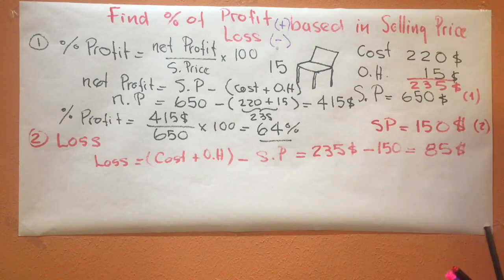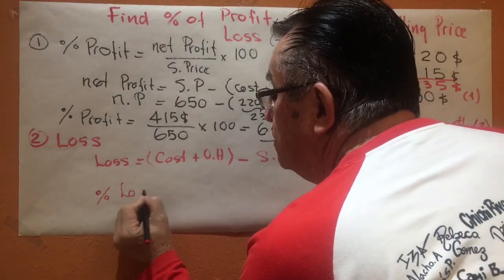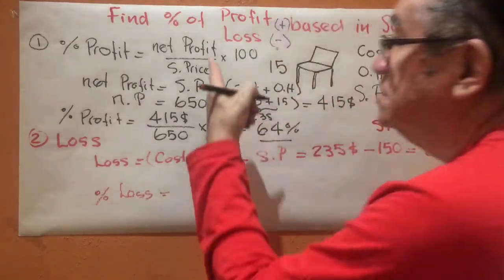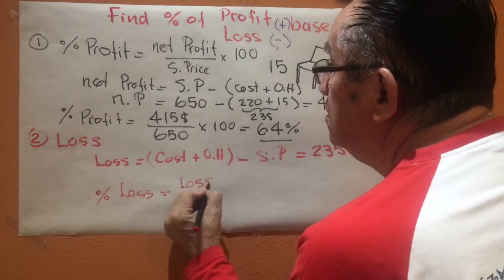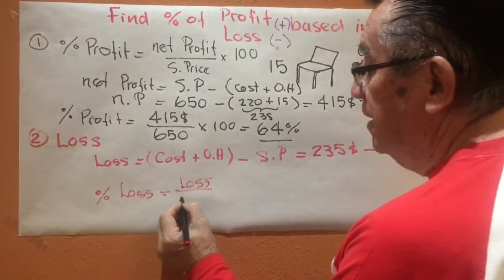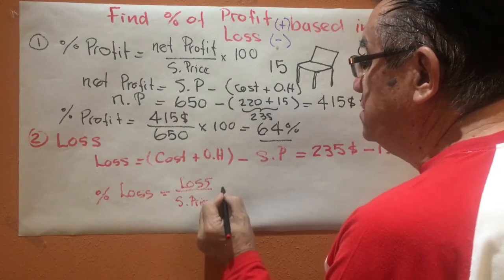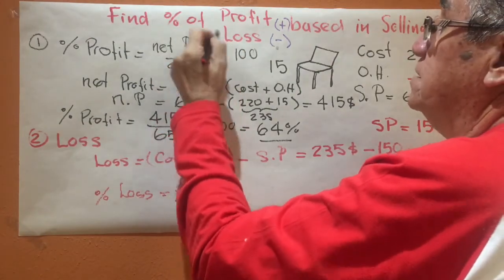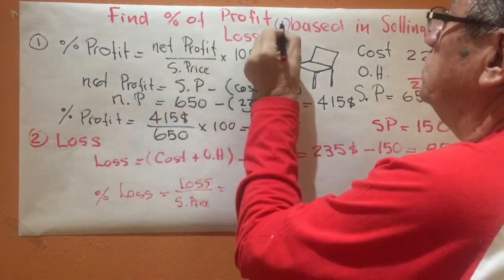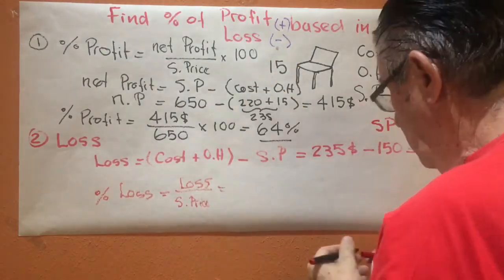Now I need to find out how much the percentage of this loss is. Percentage of loss is the same style. It's the loss divided by the selling price. What's the difference between profit and loss? Profit is in the numerator because you're making money, and loss is in the denominator when you are losing money.